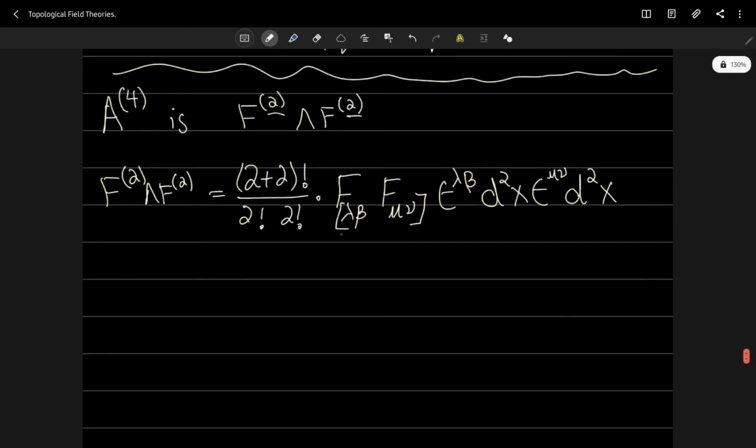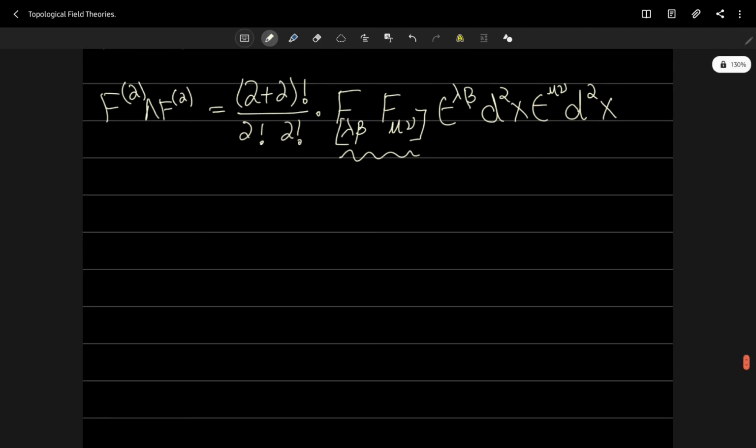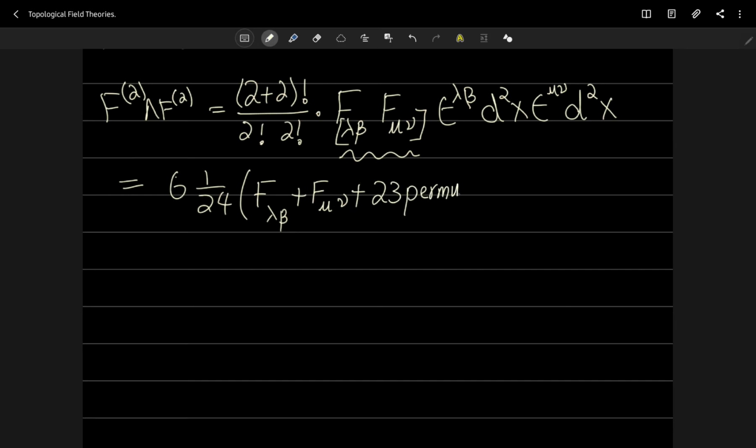Right, now over here, this thing is anti-symmetric over 4 indices, right? And now let's go ahead and simplify this. Doing that, we would have 6 times 1 over 24, and we will have F lambda beta F mu nu plus 23 other permutations of these indices. So I'm just going to write 23 other permutations. I'm being lazy for a reason over here, and you will quickly see that.